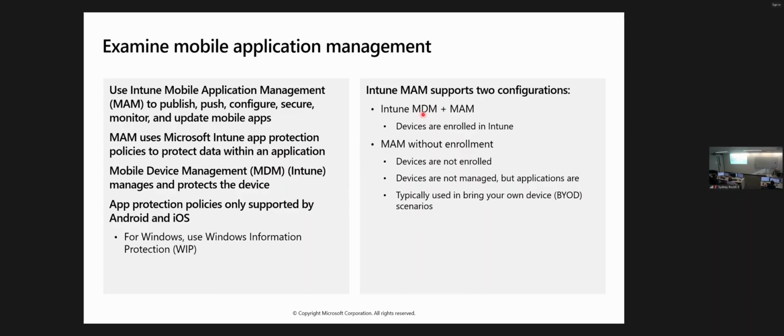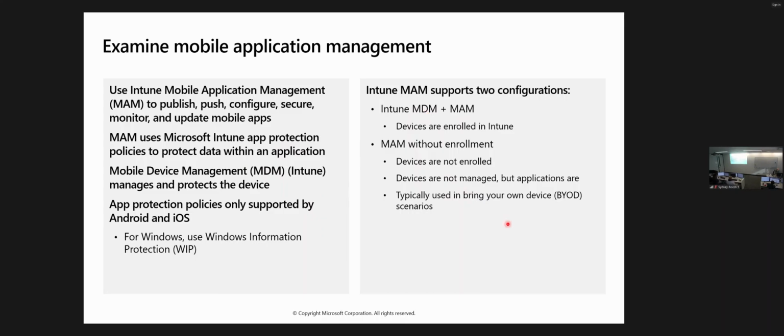So if you've got devices that are enrolled and you still want to use MAM policies, maybe you've got a MAM policy that's not as restrictive for devices that are enrolled, as opposed to devices that aren't enrolled. Maybe you're using a more restrictive policy for that because you're not controlling the actual device itself. Again, it just depends on how you wish to roll it out.